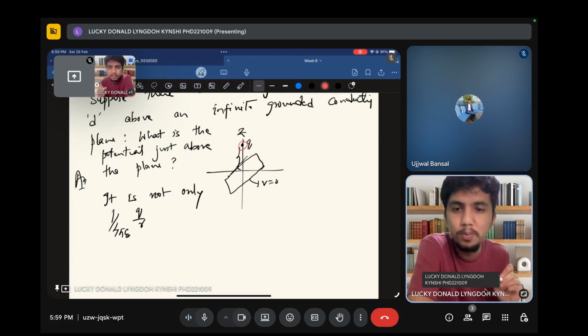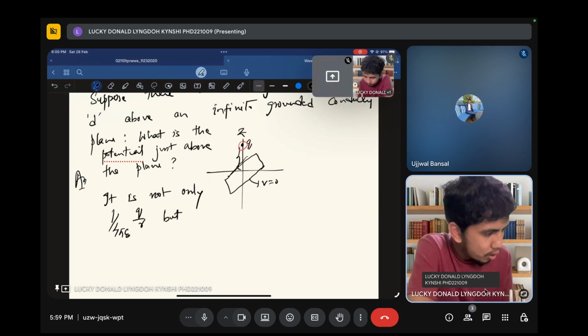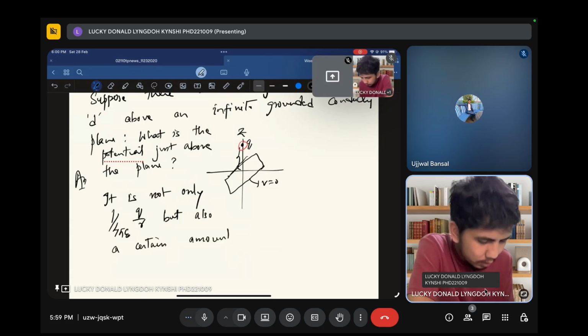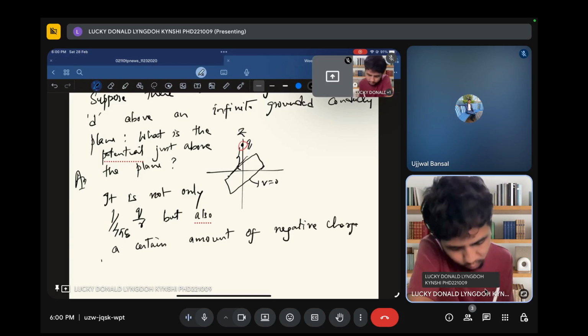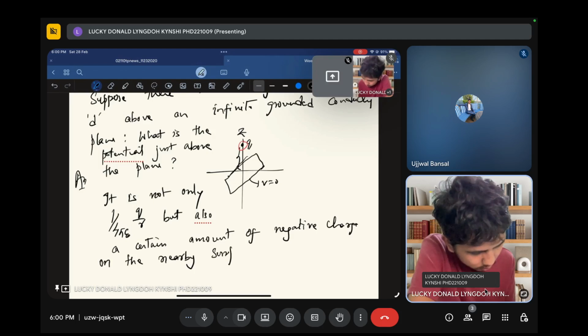This is the potential due to a point charge plus q, which is given to you. It is not simply this point charge plus q, but also a certain amount of negative charge on the nearby surface induced by plus q.